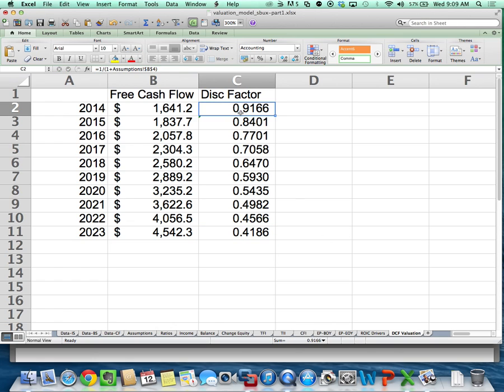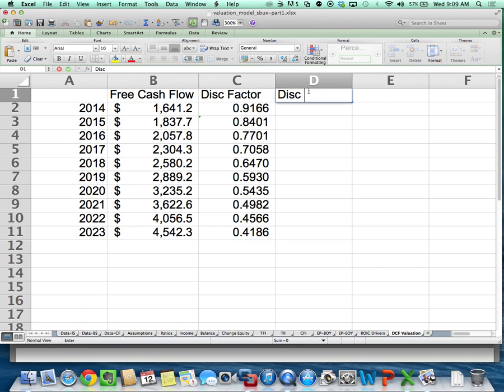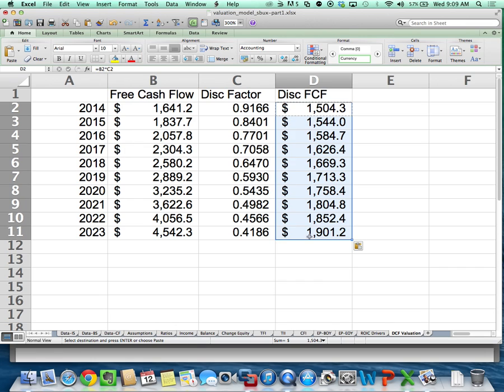So again, 1 plus r squared, cubed, 4, 5, 6, 7, 8, 9, 10. So my discounted free cash flow equals the free cash flow times the discount factors. Again, I'll make that currency 1 decimal place, and copy and paste that down.